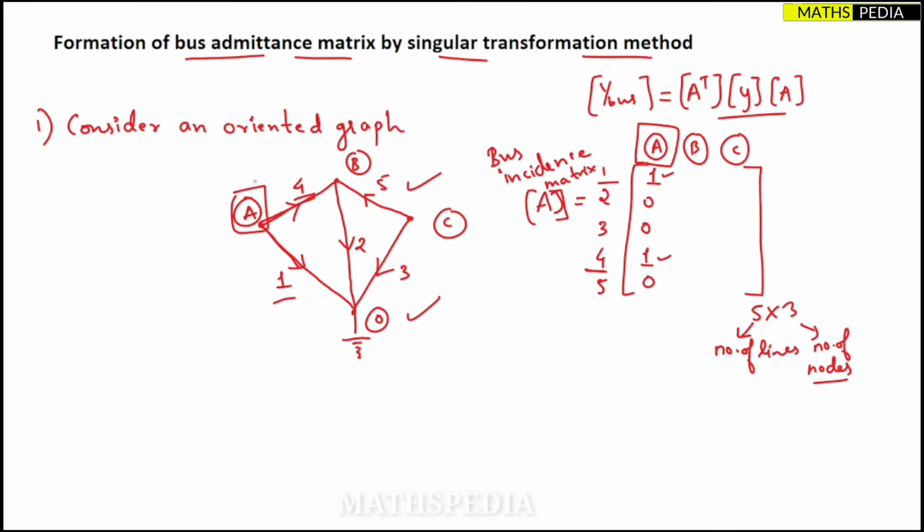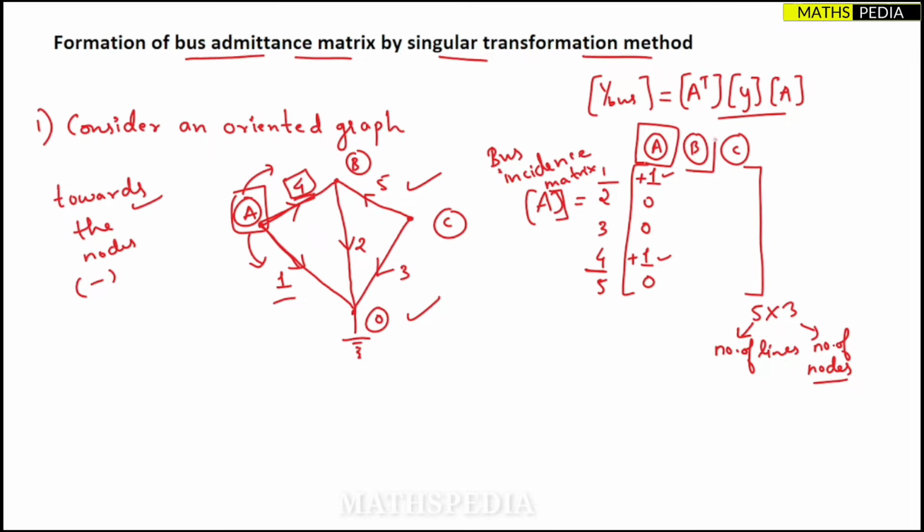Now we have to see the direction also, giving a plus or minus sign. If the direction is towards the node, then it is negative. Here we can see 4 is going away from node A, and 1 is also going away from node A. So we put positive, plus 1 only.